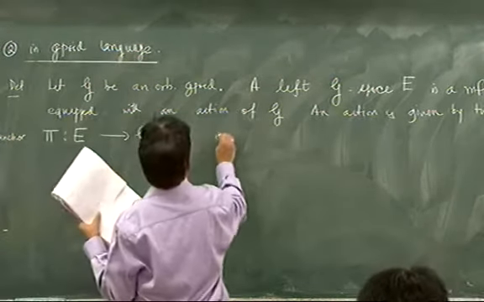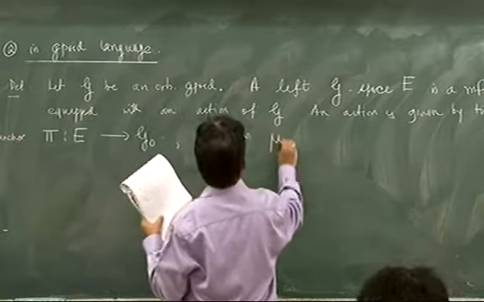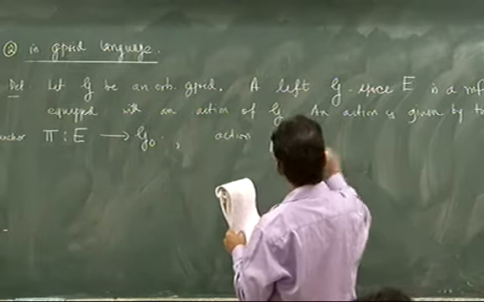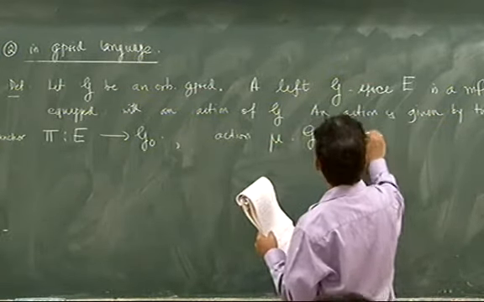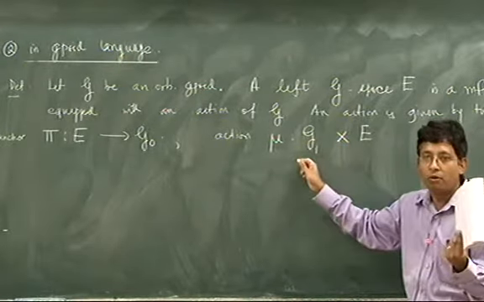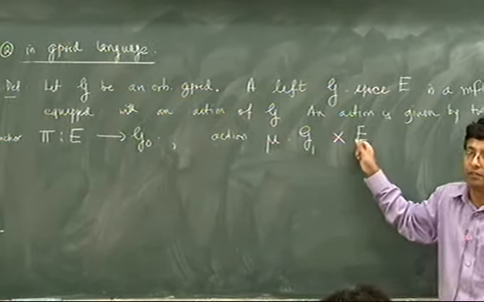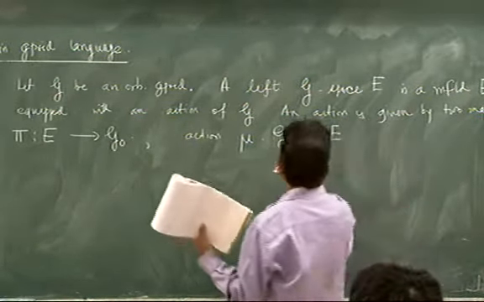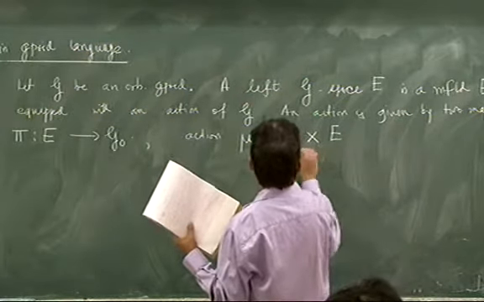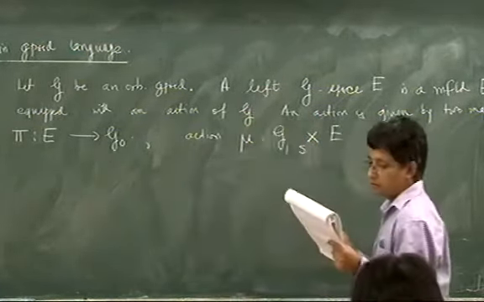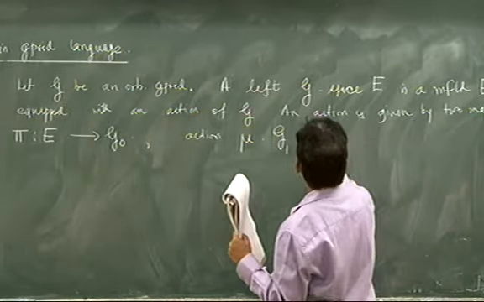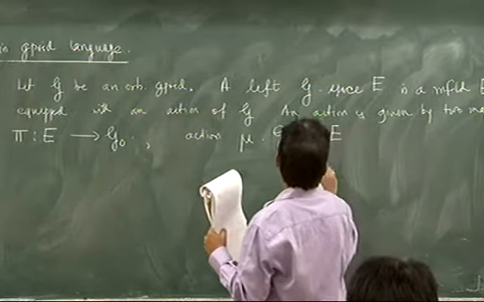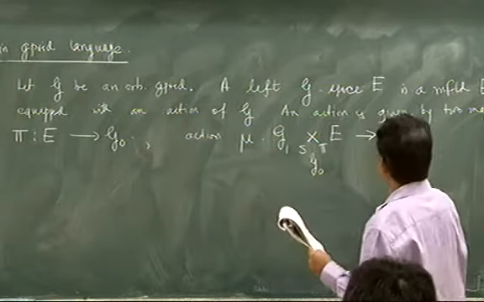And the action is the map mu from G1 cross E. An action means an arrow will act on elements of E, but you have the source and target conditions. This condition says that the source of the arrow should match with the projection to E.